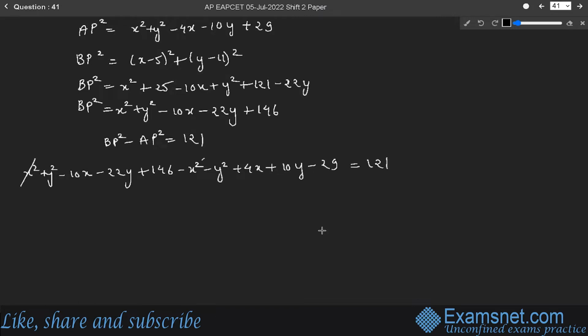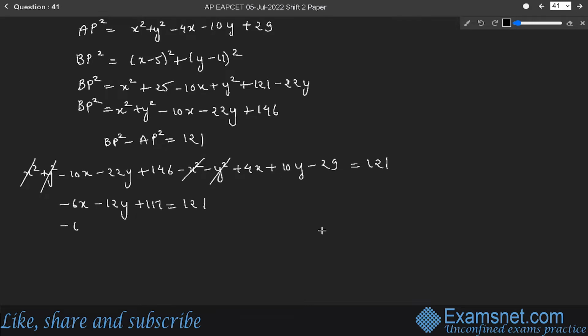X square and minus x square will be cancelled. Y square and minus y square will be cancelled. So the remaining terms will be minus 10x plus 4x is minus 6x, minus 22y plus 10y is minus 12y, and 146 minus 29 is 117, equal to 121.